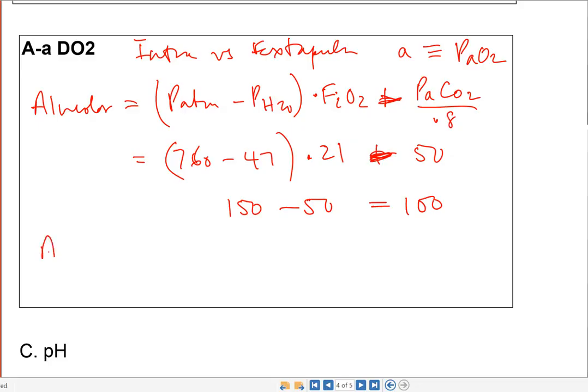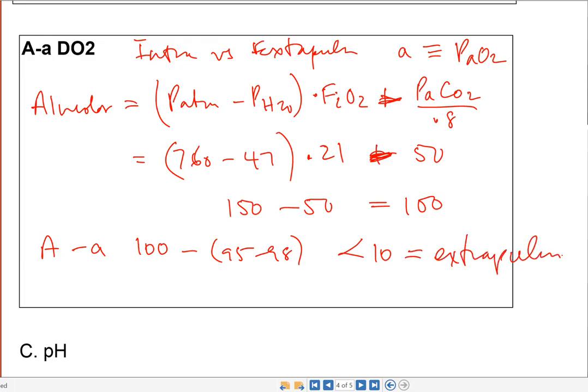And so if we have A minus a, that's going to give us 100 minus our normal PaO2, which is somewhere between 95 and 98. So we can see that that's going to be less than 10 in a normal person. So if a person is in failure and the A-a gradient is normal, then that's going to be an extrapulmonary cause.